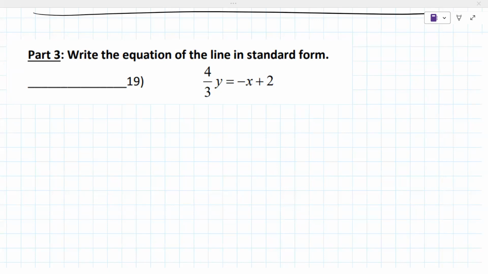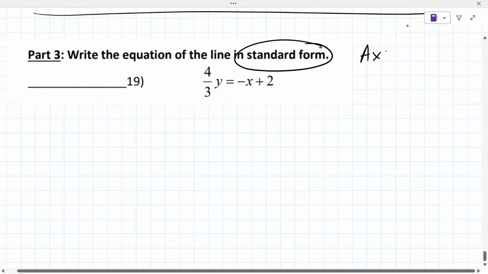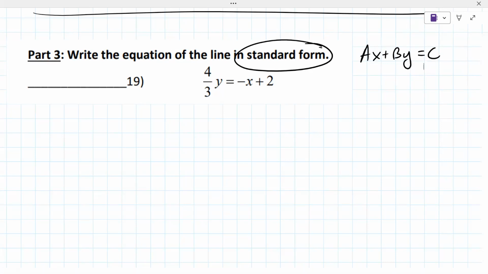I got y is equal to negative 3/4 x plus 3 over 2. Standard form though is ax plus by equals c, where you're getting x and y on the same side, eliminating fractions. Oh, sorry, my bad.